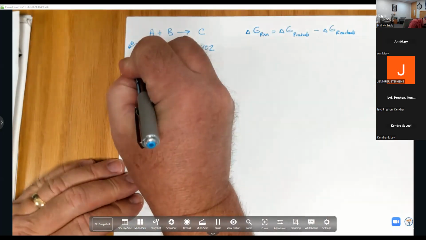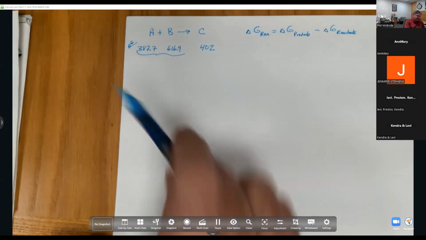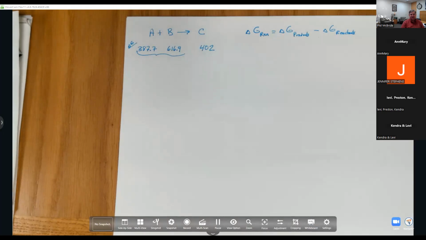Because these are all ones, we don't have to multiply by anything. If that was a 2A, you'd have to multiply this by 2. But everything's a 1, so you don't have to worry about it. So add those up.